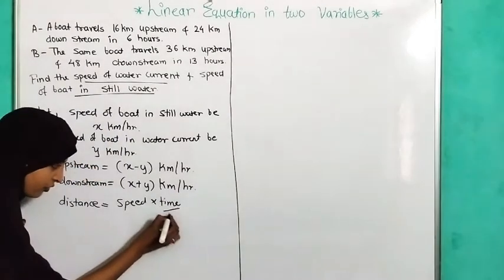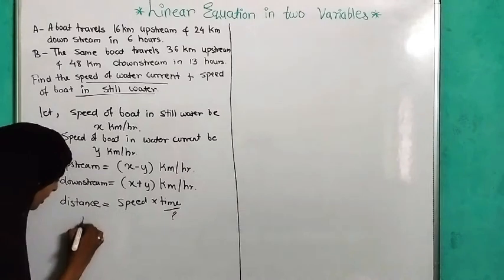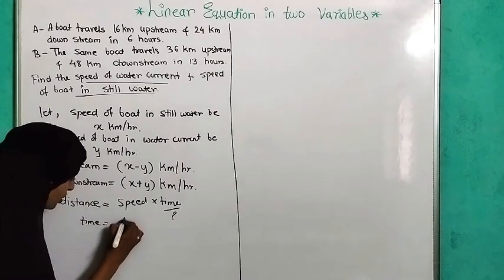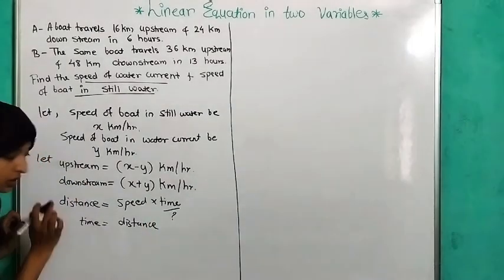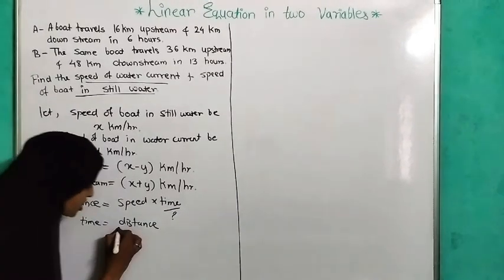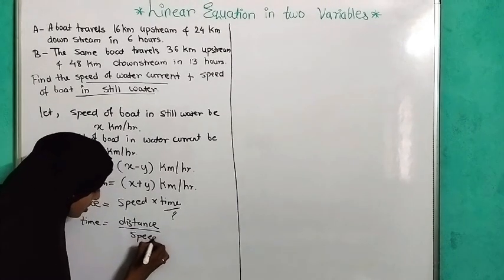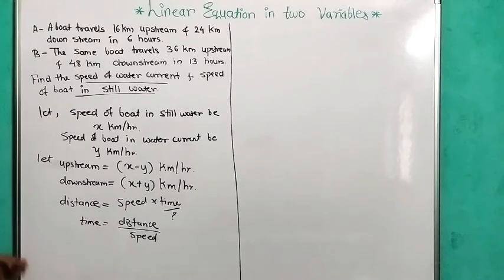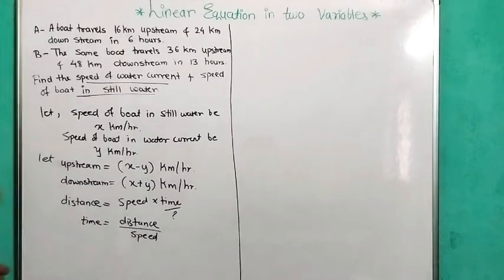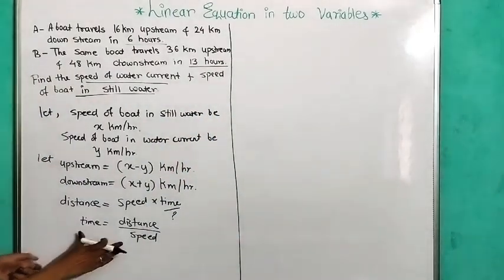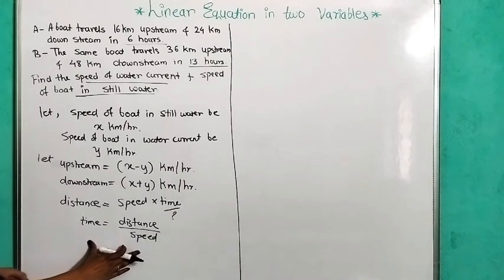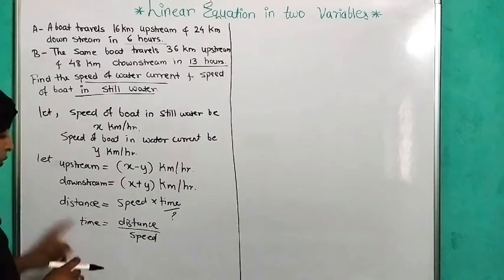Then if we want to find the value of time, then time is equal to distance upon speed, because if you shift the speed, it becomes divided. According to the first condition, we get one equation, and according to the second condition, we get a different equation. They have given the time 6 hours and 13 hours, which means we can use this formula and find the values of x and y.